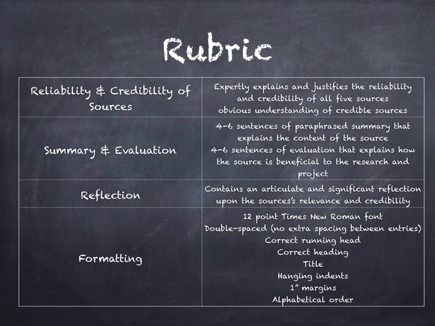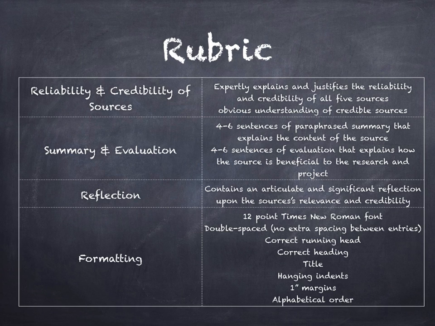Let's take a look at your rubric. So these are the 4 criteria that I'm going to look most heavily at. The reliability and credibility of sources, the summary and evaluation, the reflection, and the formatting. These are the 4 key elements to your annotated bibliography, and they'll weigh more heavily than the others.